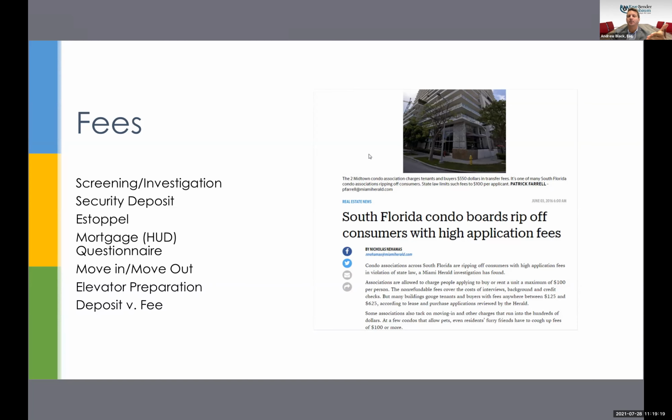Remember, it's refundable. The security deposit has to be kept to protect against damages that the tenant may cause. It's not to be used if the owner doesn't pay his or her dues on time or some other charge. If there's damage during the rental agreement, the association can make a claim on that security deposit.